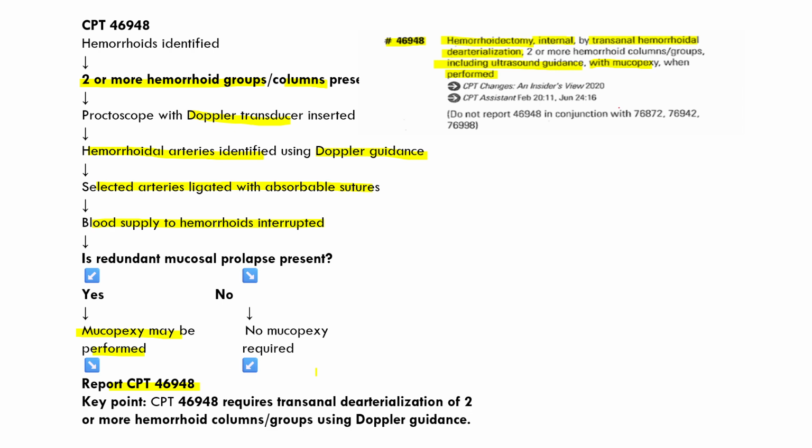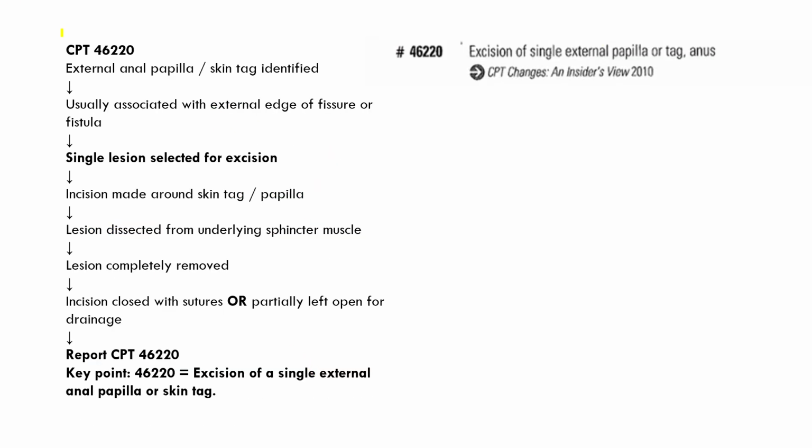Okay, next we will move to CPT 46220. So 46220. What is 46220? Here he is excising the external papilla or a tag of the anus.